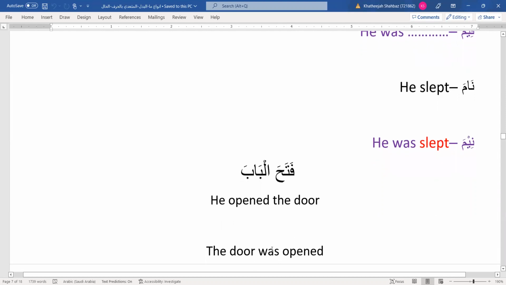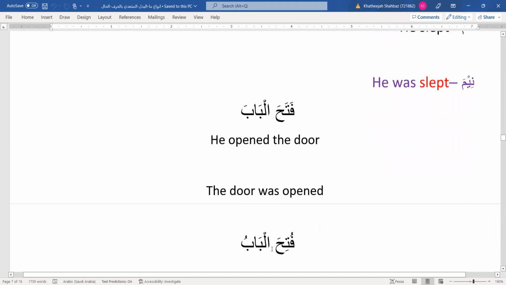So it will be futiha al-babu. Futiha, he was opened. And al-babu, the door. And al-babu is the naibul fa'il of futiha, which takes the place of the fa'il. And the translation will be the door was opened.